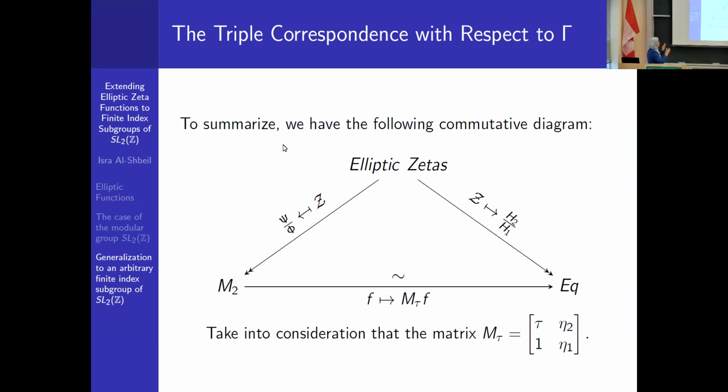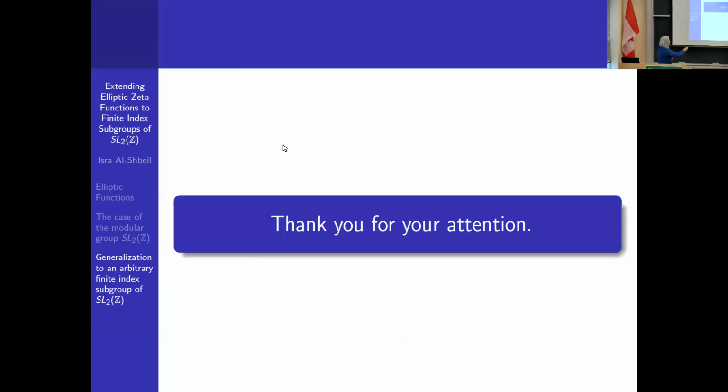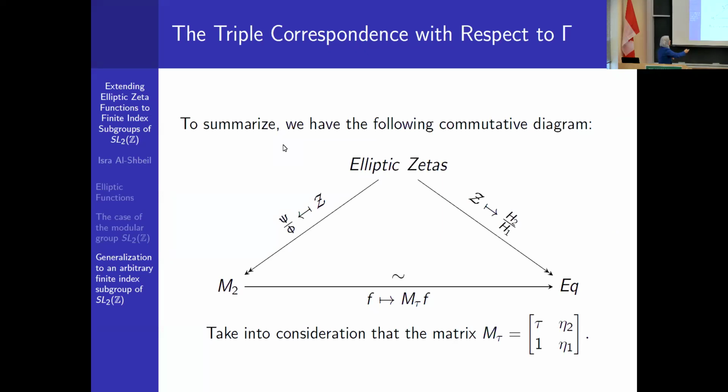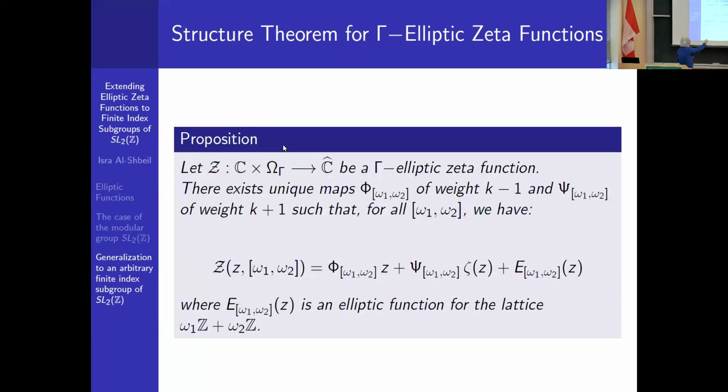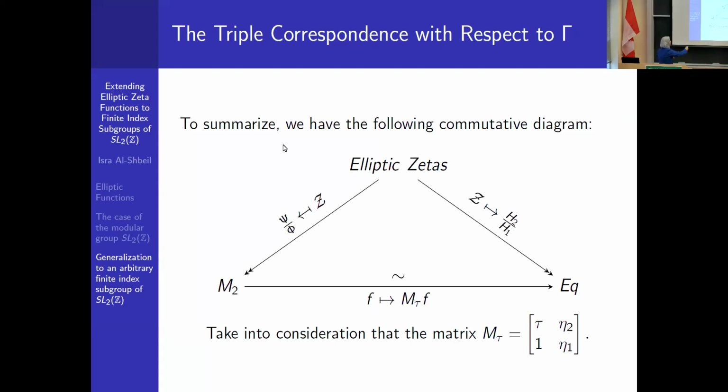And here I summarized the triple correspondence between these three notions. This is the elliptic zeta function. When I take the quotient of its quasi-periods, I get an equivariant function, which computes the action of SL2(Z). And if I take the coefficients I mentioned before, phi and psi, and take the quotient psi over phi, it gives me a modular function of weight 2.